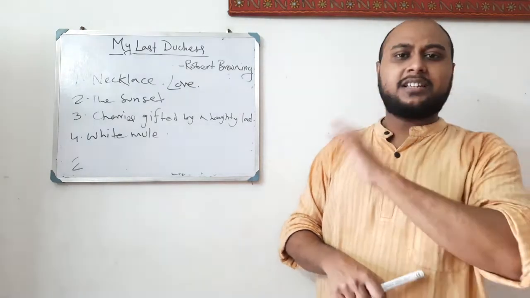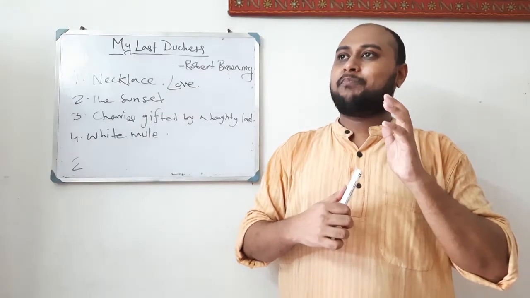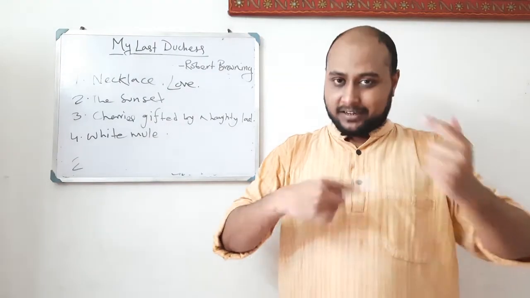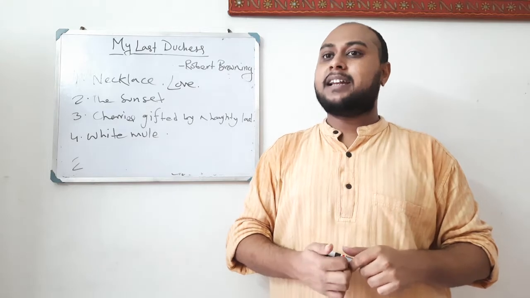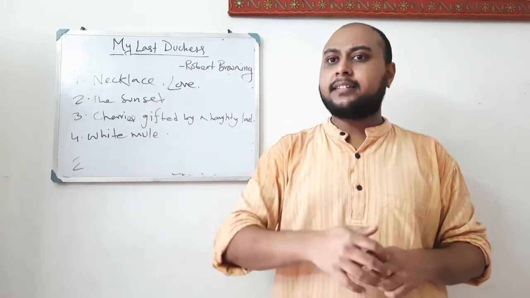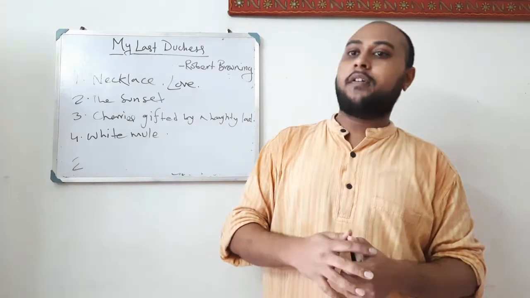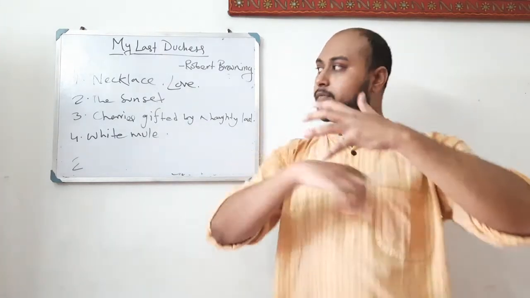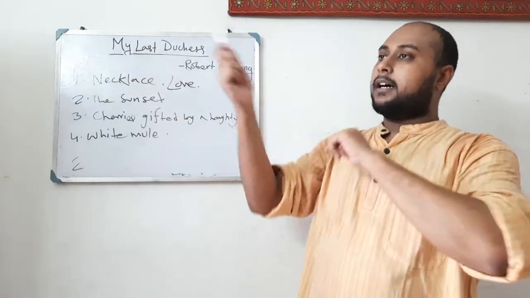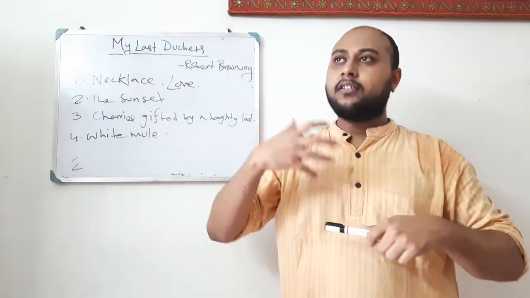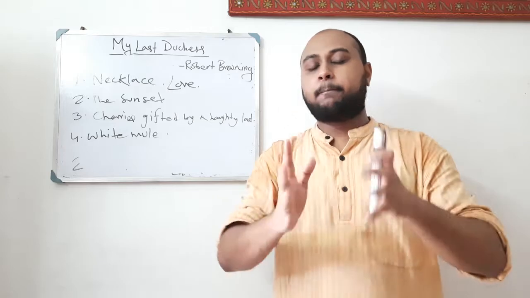But now you know that she is a child, and the Duke should be correcting the child, right? But instead he doesn't. So he says that all and each would draw from her alike the approving speech. So all of these four things would bring out from her the same approving speech.